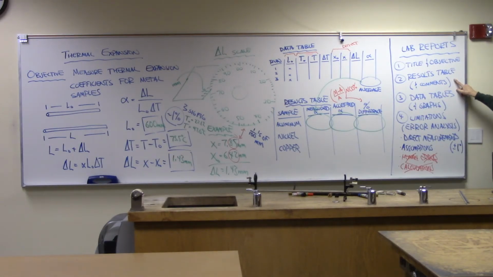Now you might think, well, wait, don't you want to say how you got there first? And I actually like to know what the results were first, because then when I look at the data tables, if I see something in the results table that catches my attention, that helps direct me as I go through the data tables and the limitations.